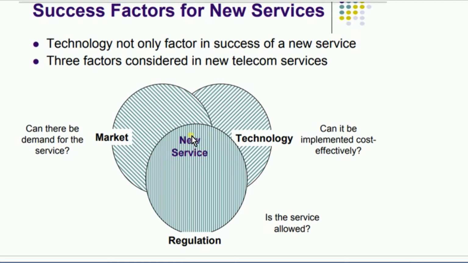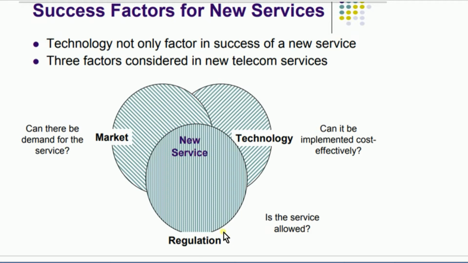Market means that when we are introducing any new service, we have to see whether there is demand for the service. Then we have to see whether it is implemented cost effectively. That means the technology can be implemented in a cost effective way. Regulation is whether the service is allowed or not.